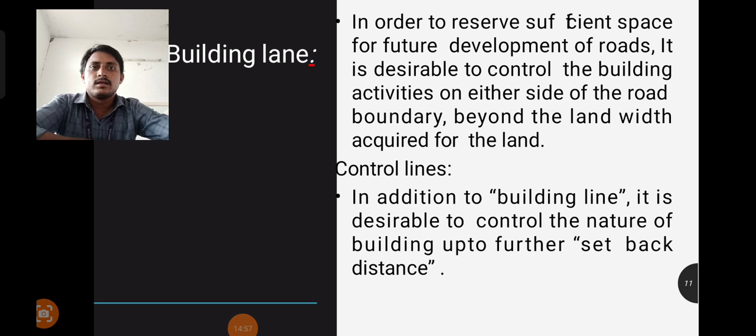The next, building lines and control lines are also there. Building line is nothing but on the sides of the road, after road margins, a building line is provided for the future development of roads.